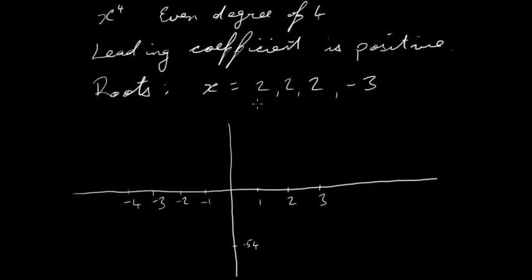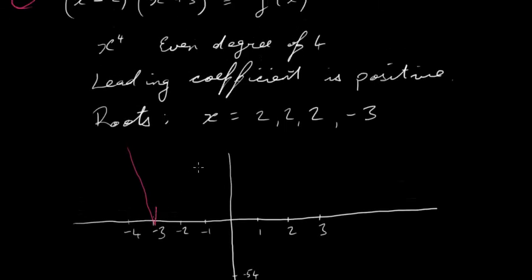I've got my roots here, at 2 and -3. So I'm going to start up here, go through -3, and then go through 2 and back up. Now, because x equal to 2 has a multiplicity of 3, what actually happens when we come back up here is that the graph flattens out across the 2 and then goes off in this direction. So we're going to start up here and come down through -3.